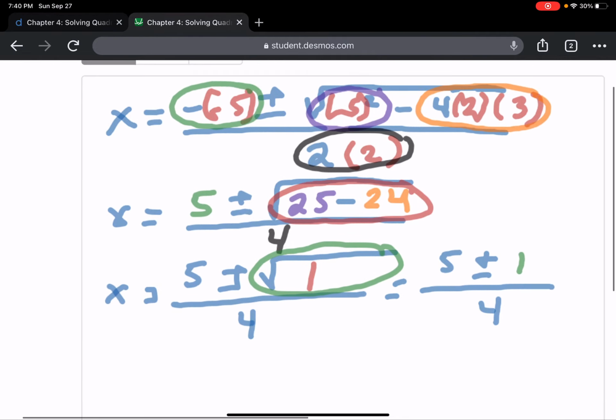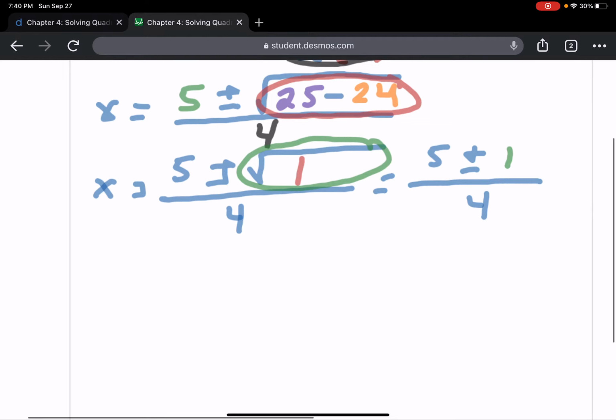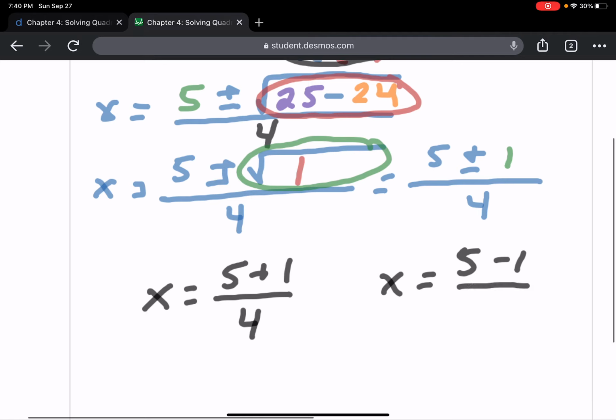So then this is actually going to give me two answers, right? Because of this plus or minus, that means that I want two different things. So I have x equals 5 plus 1 divided by 4, and x equals 5 minus 1 over 4.